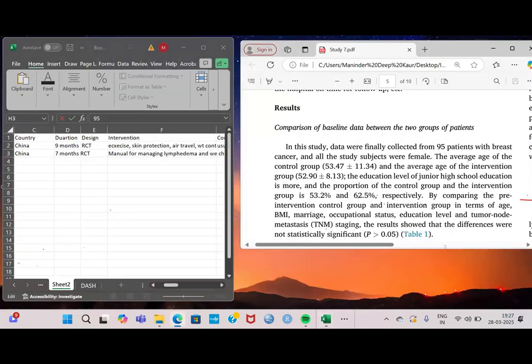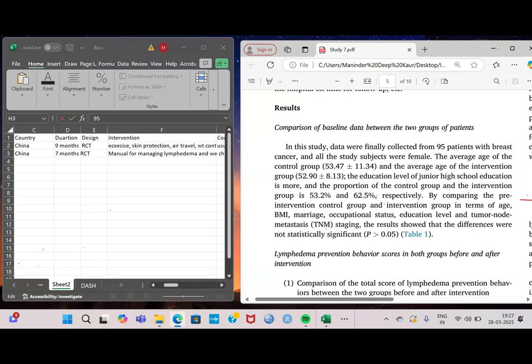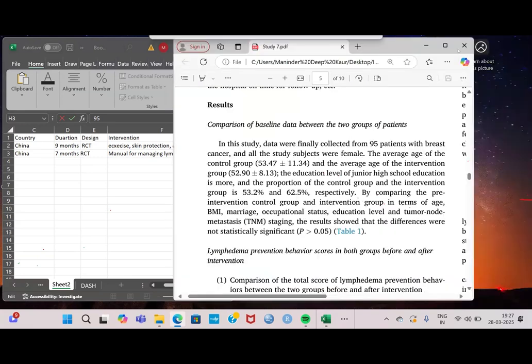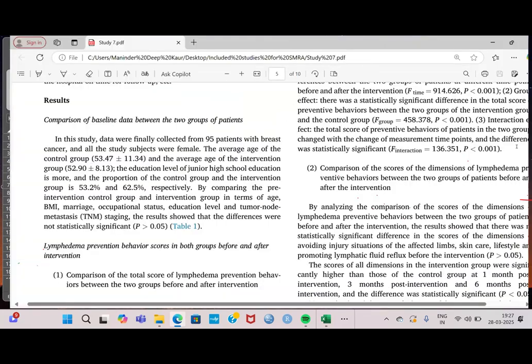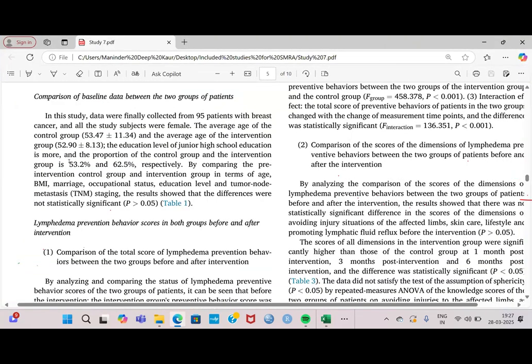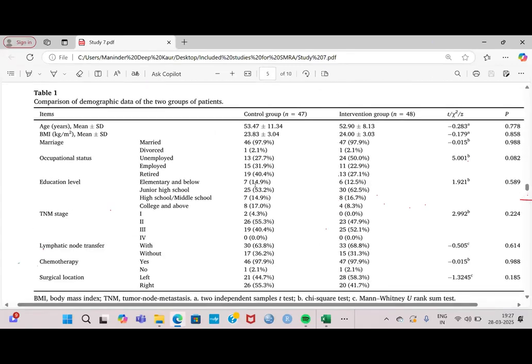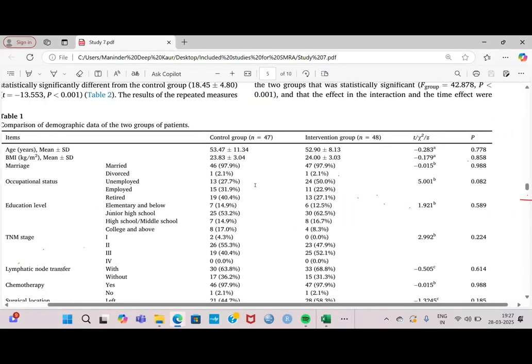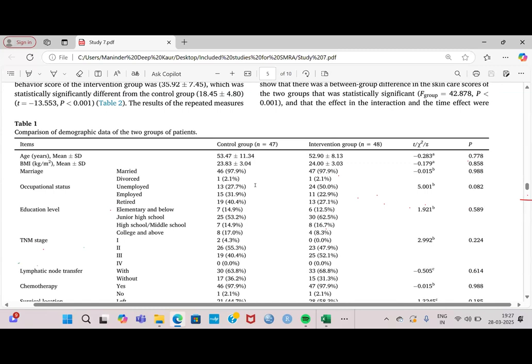How many patients are in the control group? How many in the intervention group? I also look whether they have given it. They have given the percentages 53 and 62. So can we go to, yes, see. Here they have given the detailed description about the demographic profile of the patients.